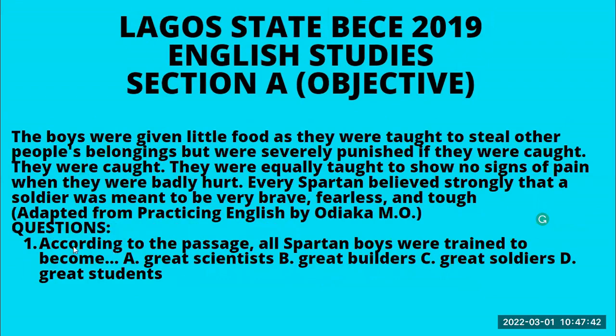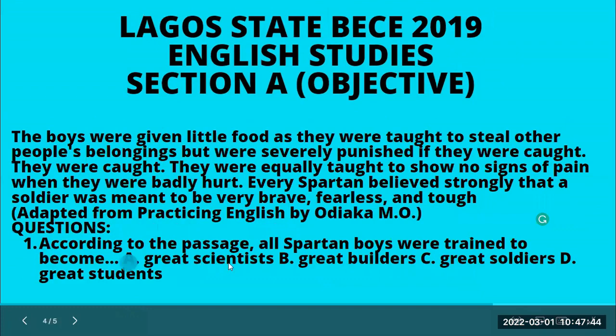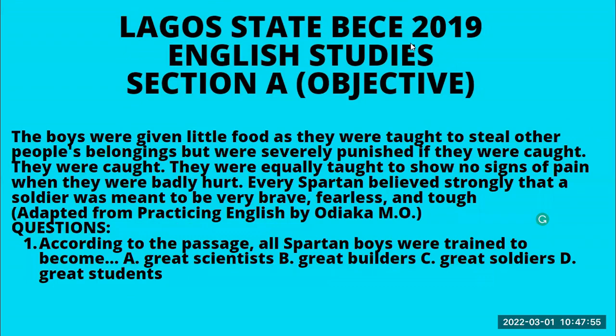All right, so question 1, according to the passage, all Spartan boys were trained to become great soldiers. You can see that C is actually the answer. Can't you see that? It's quite clear. Do we even need to go back to the passage? No, we don't need to. We already have the answer. They were trained to be great soldiers.